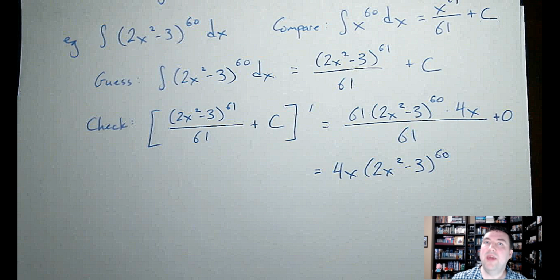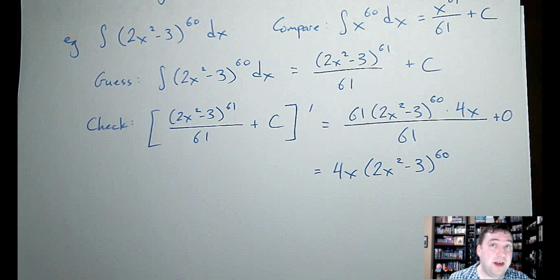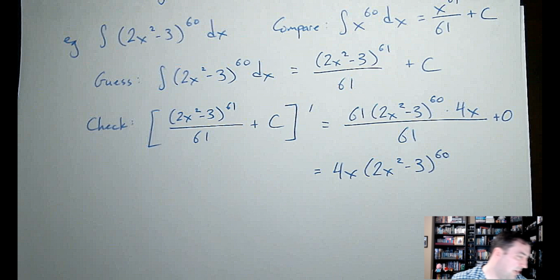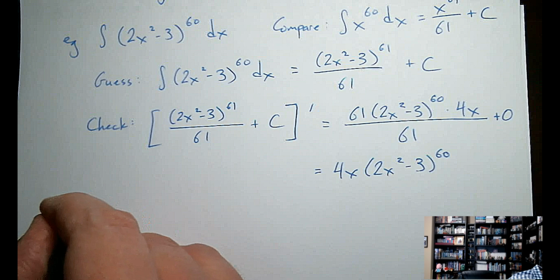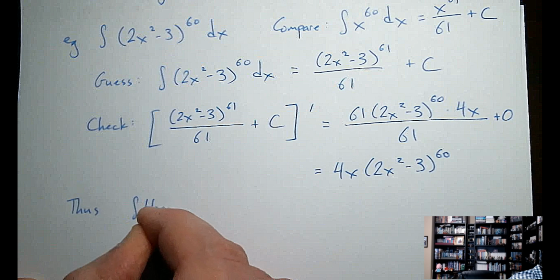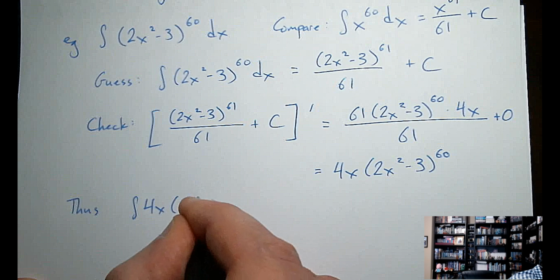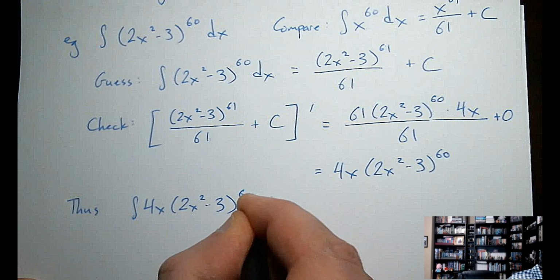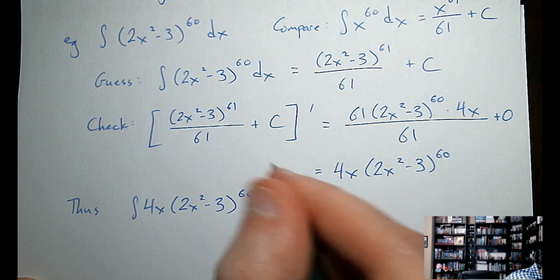And the problem with that is that we can't resolve that just by factoring out of the integral. Because yes, we can factor constants out of the integral, but we can't factor variables out. So this would tell us that the integral of 4 times x times (2x^2 - 3)^60 is equal to our guess.